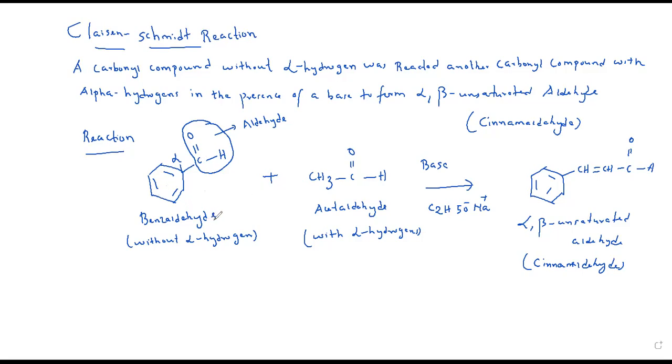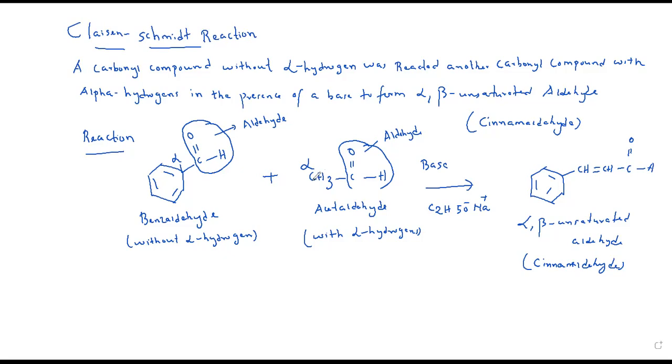Next, this benzaldehyde, I am going to react with another aldehyde with alpha hydrogen. Now you see this is your functional group, aldehyde. Now the carbon atom which is present adjacent to the functional group, you can call this carbon the alpha carbon. And the hydrogens which are attached to this alpha carbon are called alpha hydrogens.